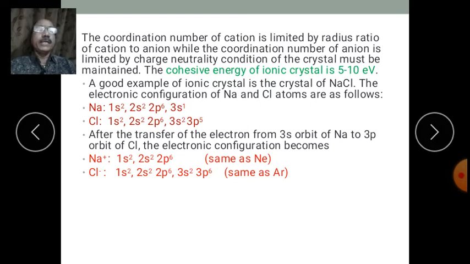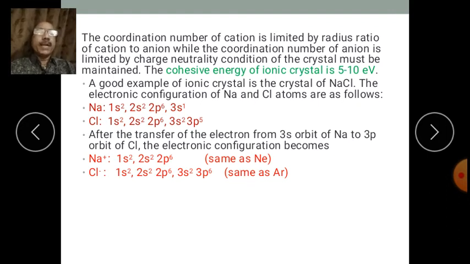The cohesive energy of ionic crystal is in the range of 5 to 10 electron volt. This energy is quite high.